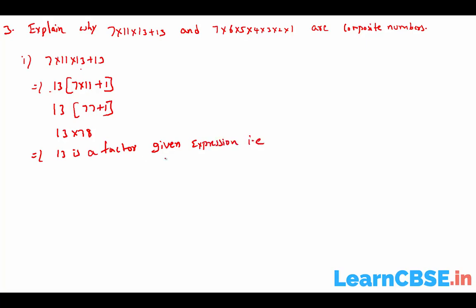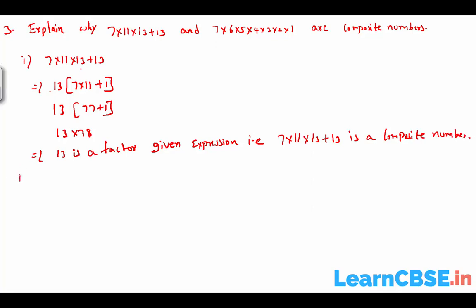That means if anything is a factor of a given number or expression, then it is not a prime number. So 7 into 11 into 13 plus 13 is not a prime, it is a composite number.